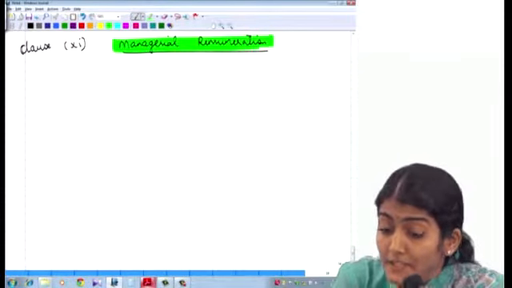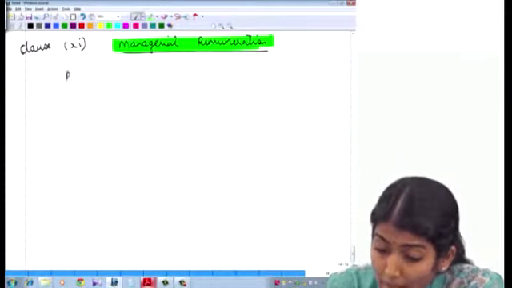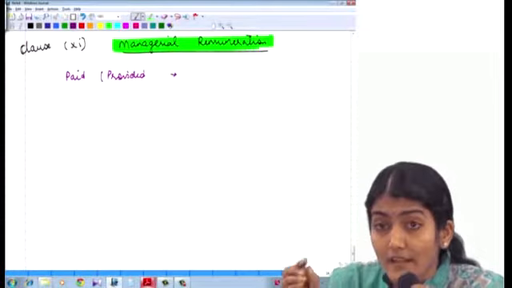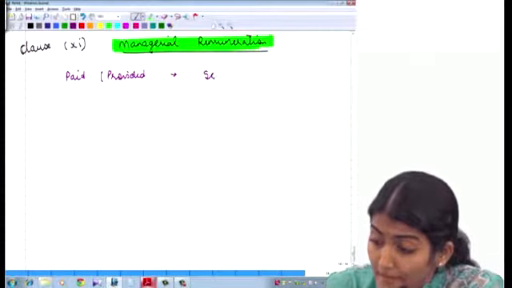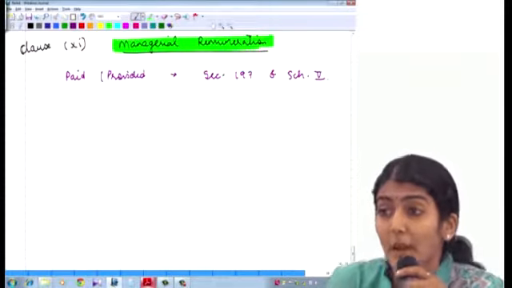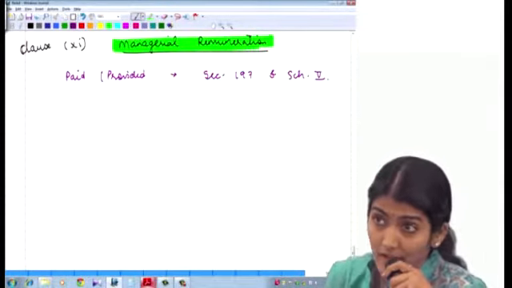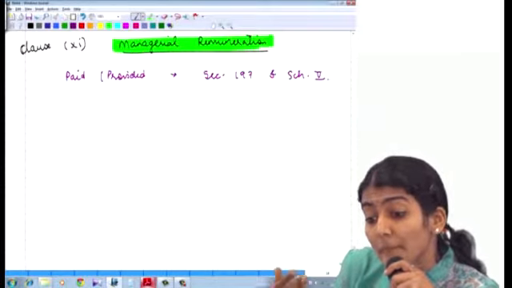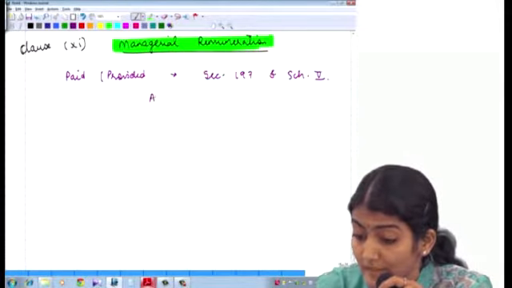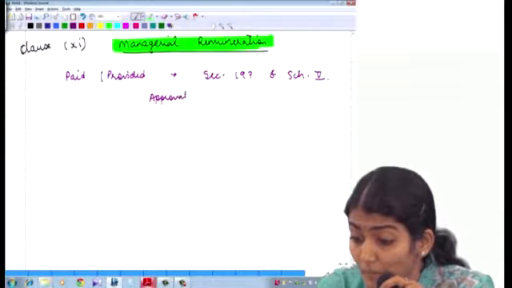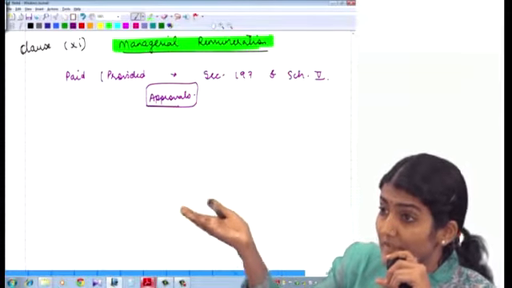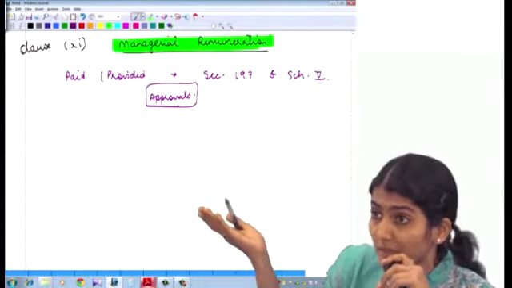So, whether managerial remuneration has been paid or provided for in accordance with the requisite approvals mandated under section 197, read with Schedule 5 to the Companies Act 2013.